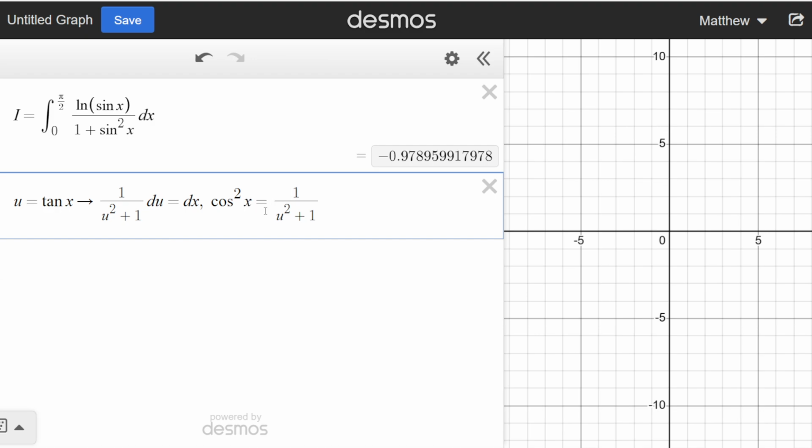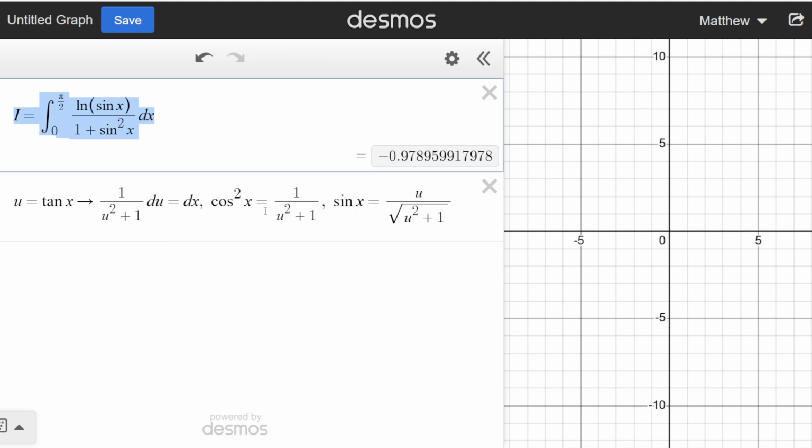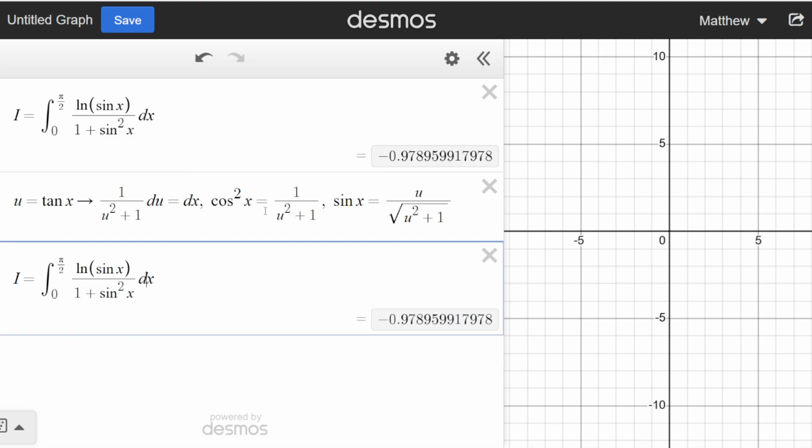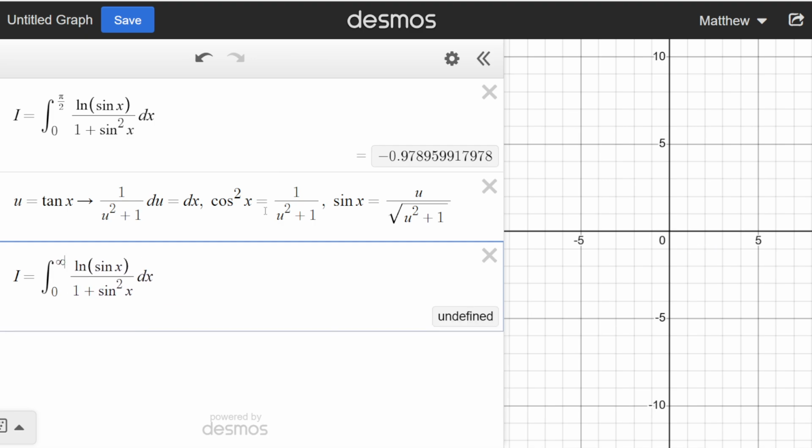All right. So now let's figure out what sine is. Of course, that's just going to be u over the square root of u squared plus 1. All right, let's perform the substitution. So now I is equal to, u is tangent x, so u is tangent pi over 2. That goes to infinity. And tangent 0 is just 0. Sine x is this.